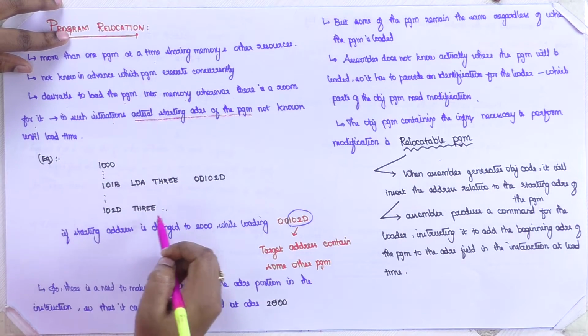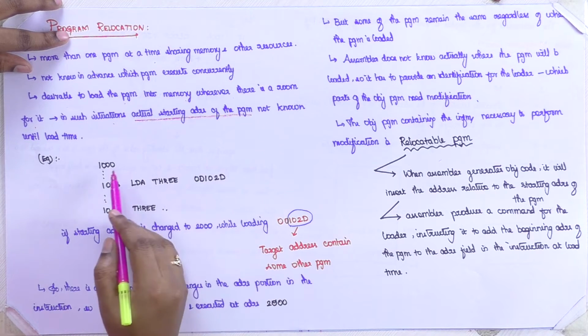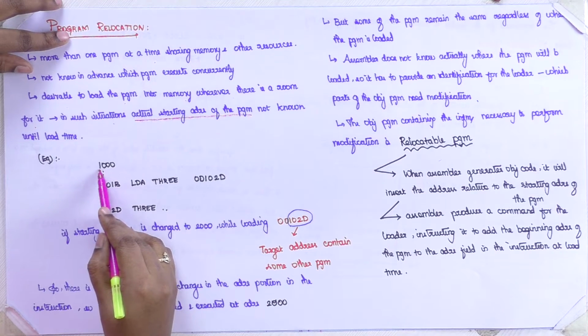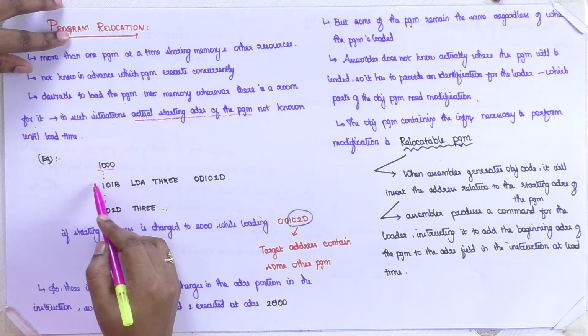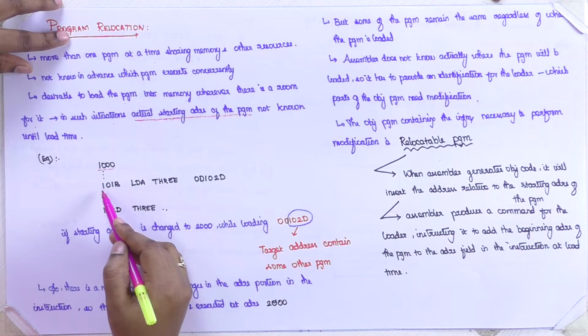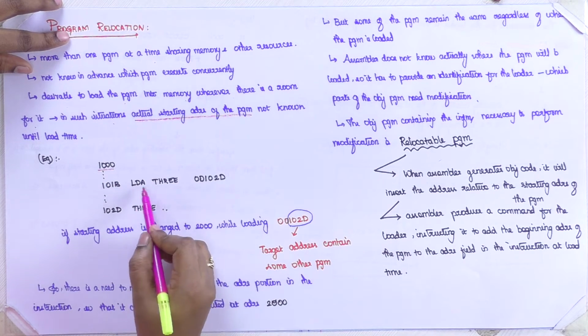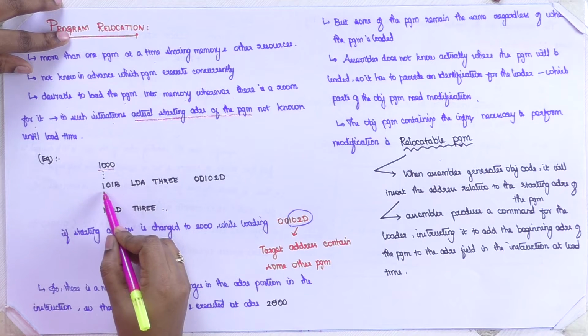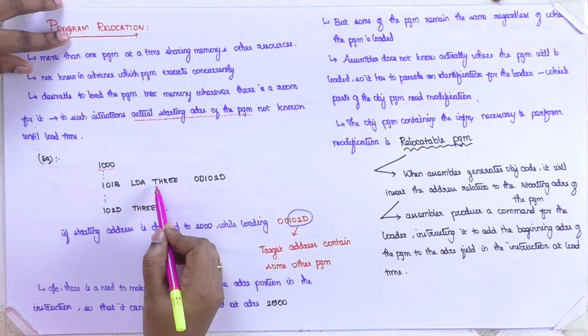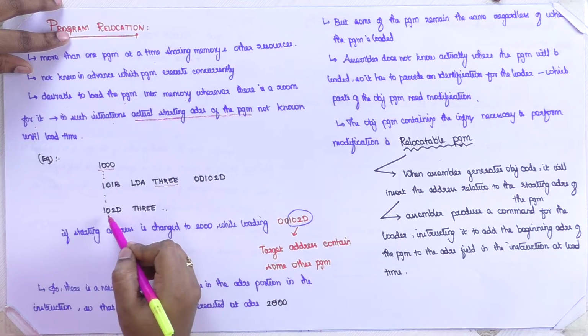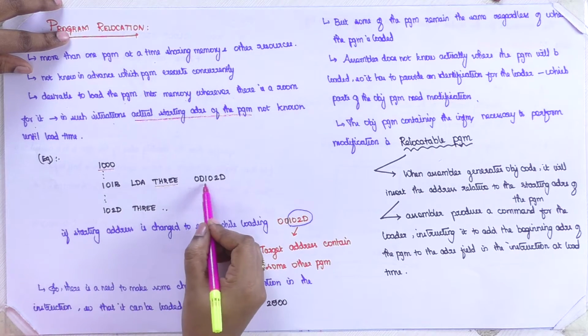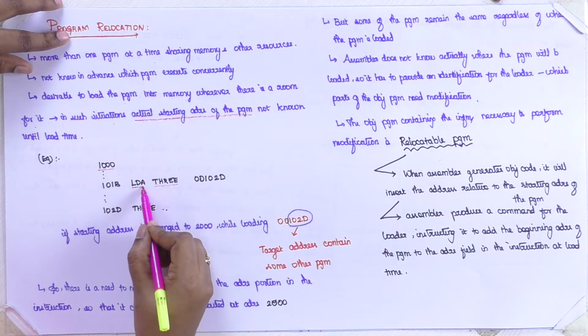Consider, for example, this sample SIC program. My SIC program starts at location 1000. At 1001B, I have an instruction LDA 3. Then at 1002D, the actual definition for 3 occurs. So how will I write the object code?